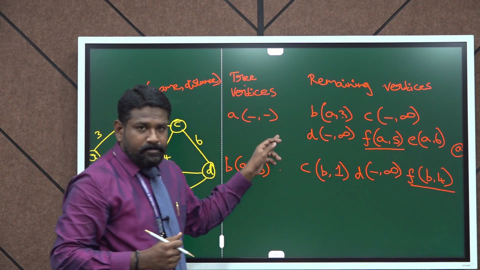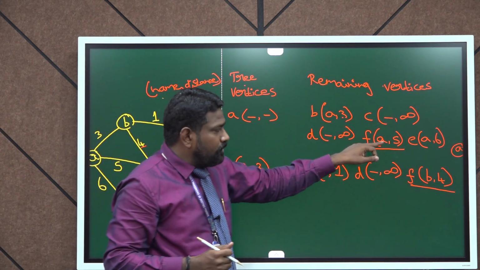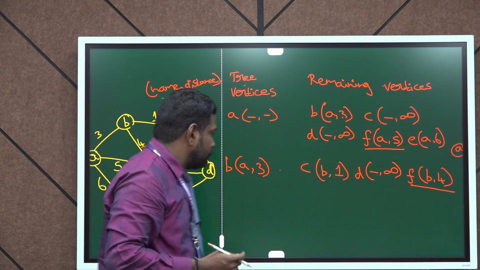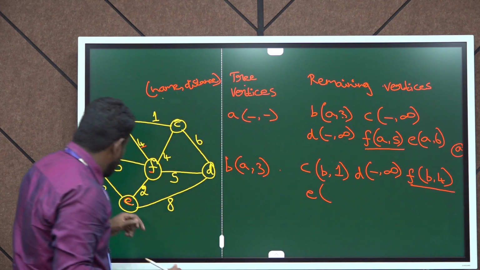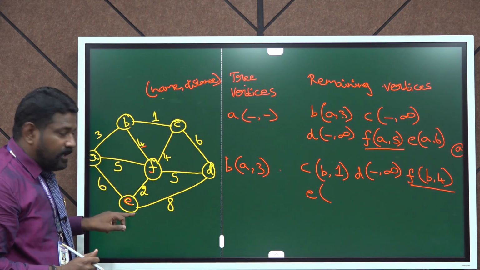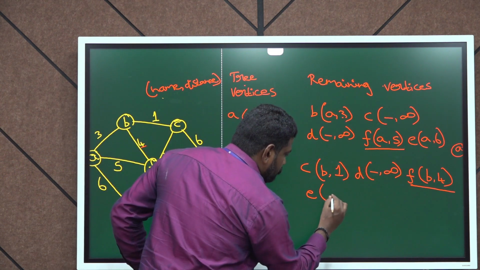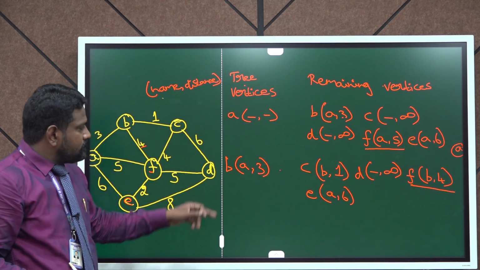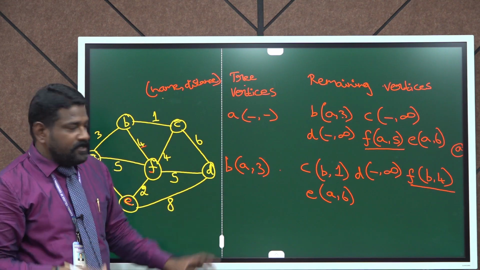In the previous step F can be reached from both A and B. If I come through A the distance value is 5, but if I come through B the distance value is 4. Then for E, we do not have an edge from B to E, so I am repeating the previous value, E of A comma 6. So this step is completed with B as my vertex.